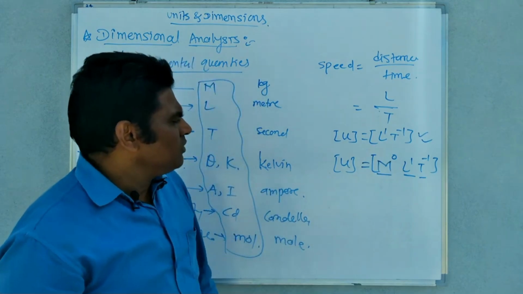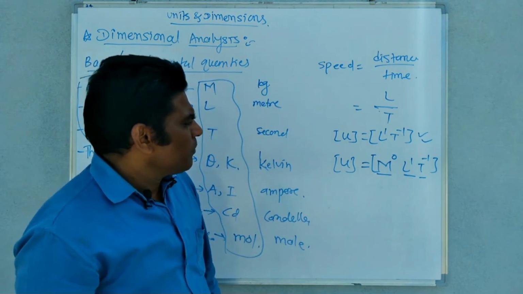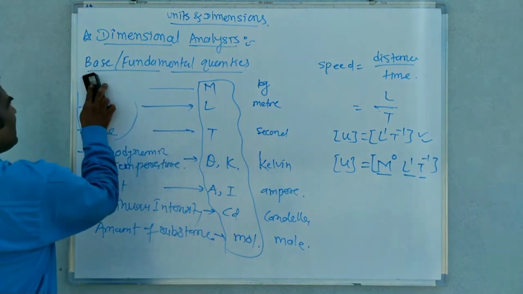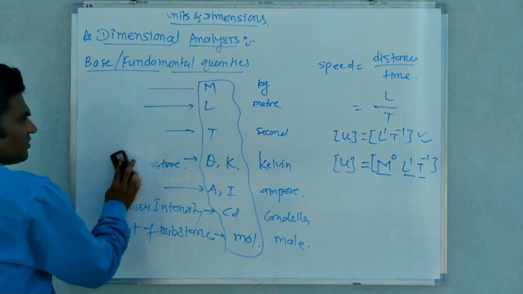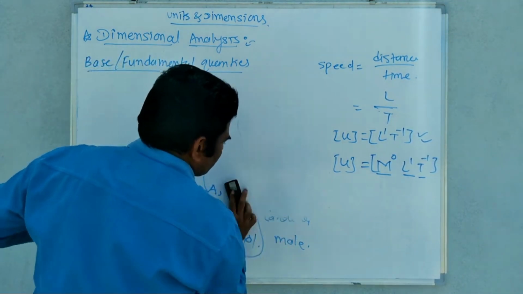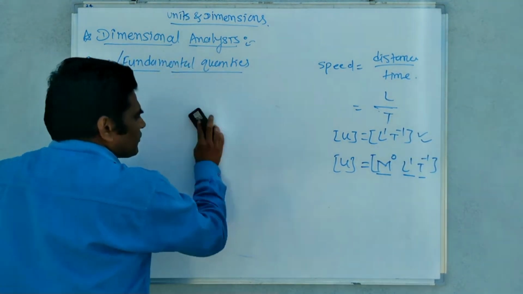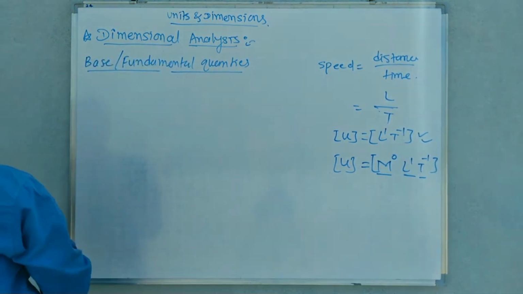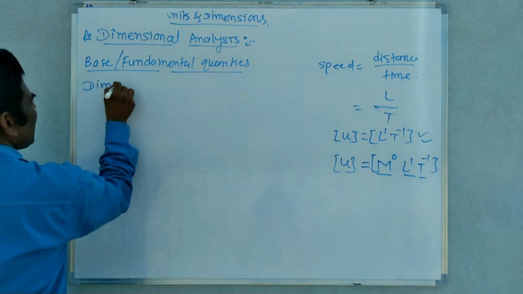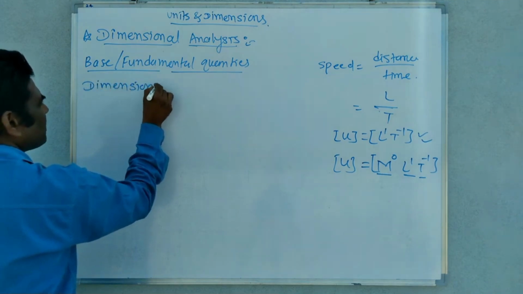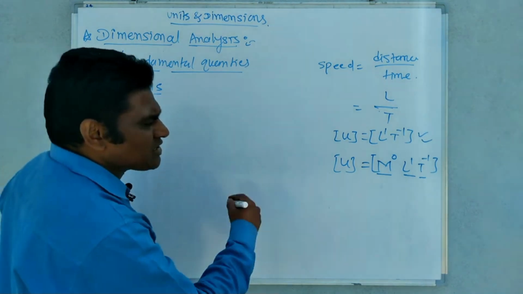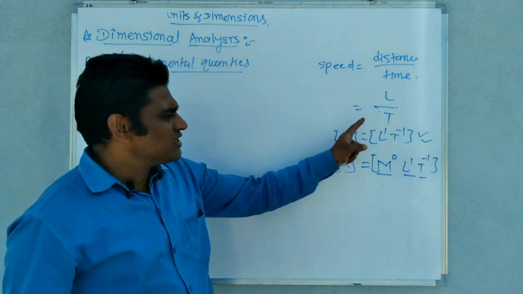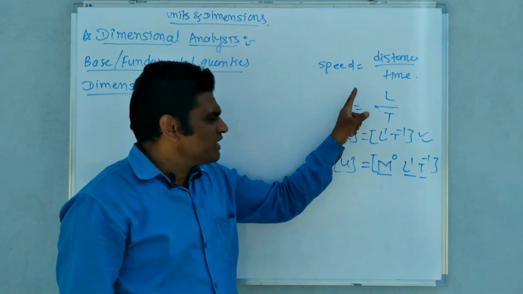Now look. If you want to define dimensional formula and dimensions, what can we write? First, dimensions. This is not the dimension; the power is the dimension. The dimension of speed is 0 in terms of mass, and 1 in terms of length.